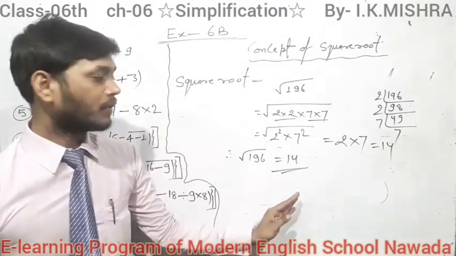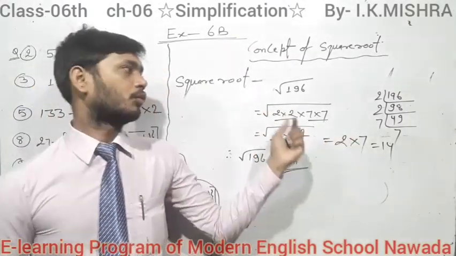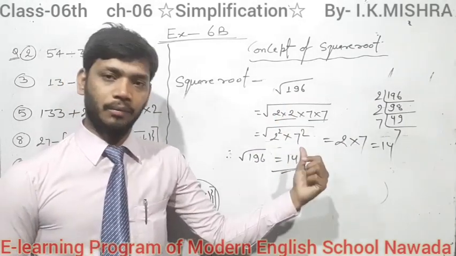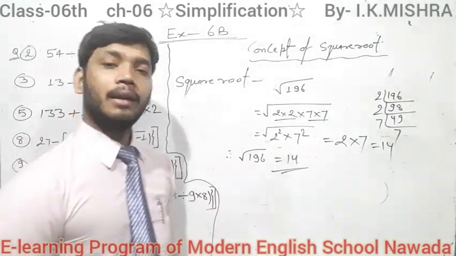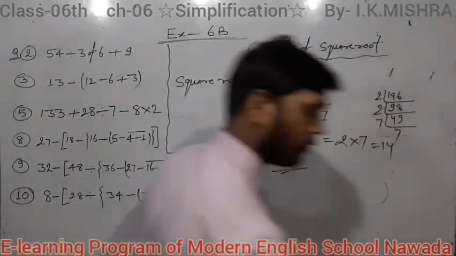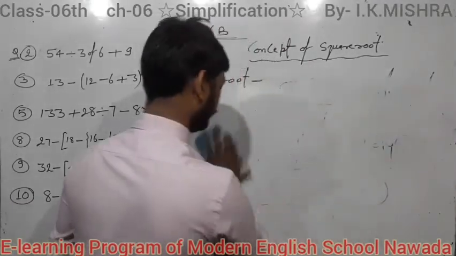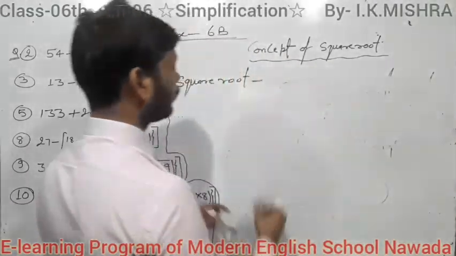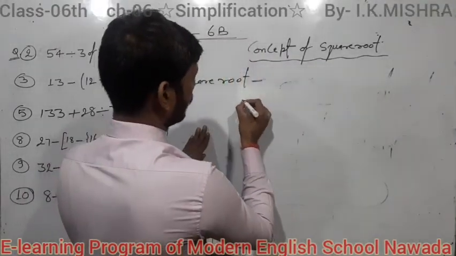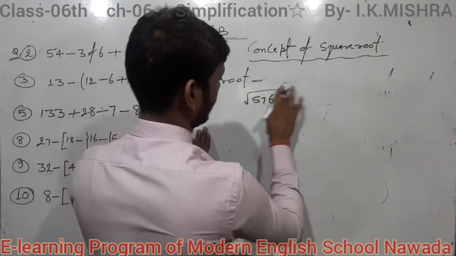Similarly, students, you can solve all of the questions to find the square root of any number. Suppose in another question, we have to find the square root of 576.